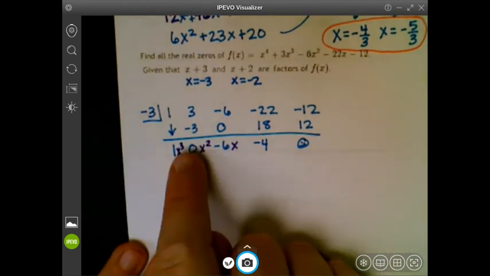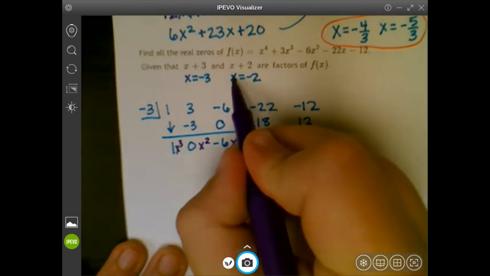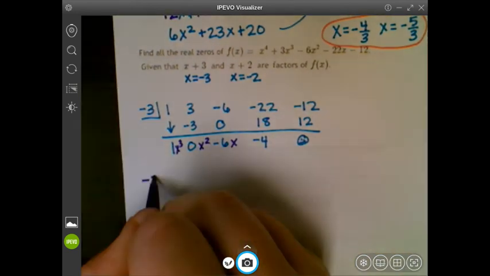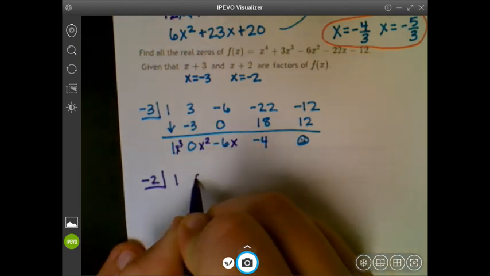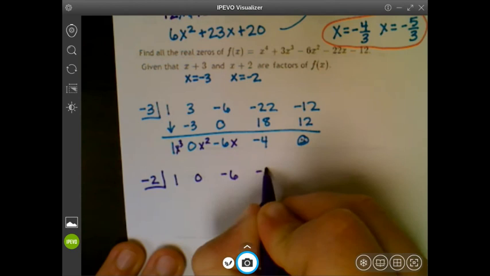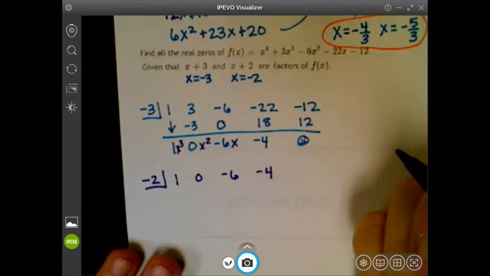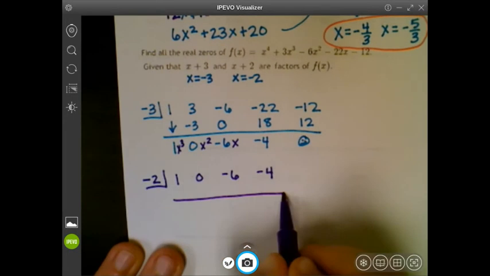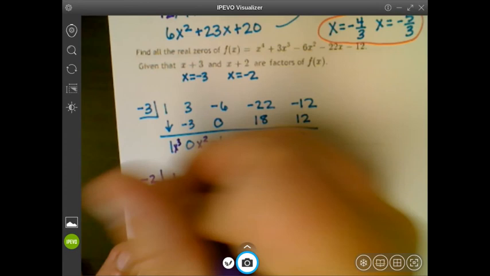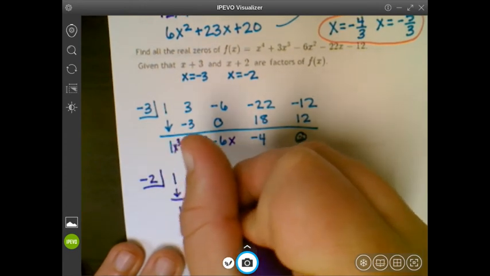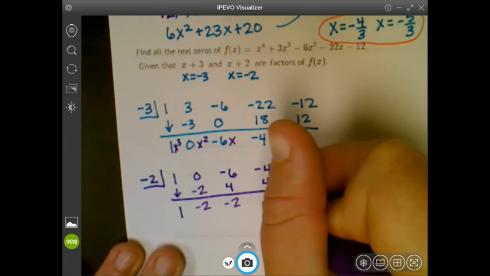And so we need to take this down one more step to get an x squared. And so we're going to use the other 0, negative 2. We're going to start where we left off with our coefficients, 1, 0, negative 6, negative 4. Don't go backwards and start at the beginning again, because you just end up with a cubic and you're not going to make any progress. So start where you left off and do synthetic division again. Bring down the 1, multiply, add, multiply, add, multiply, add.